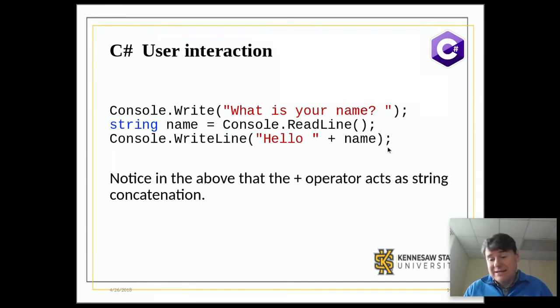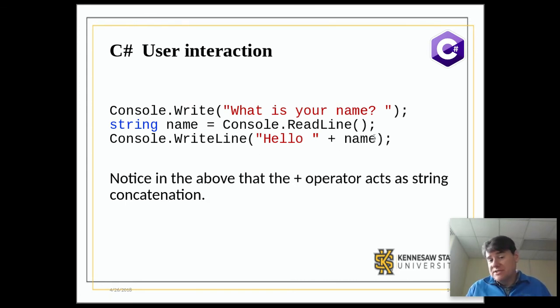All right, so this is how you access a variable. Think of the variable as a bucket. Once you created it up here, it's a bucket that has nothing in it. When you did the console.read line, the user typed in some information, they hit enter, and it gets put into your bucket. Now you have that bucket for as long as it's valid, and you can pull information back out of it or change what's in it.